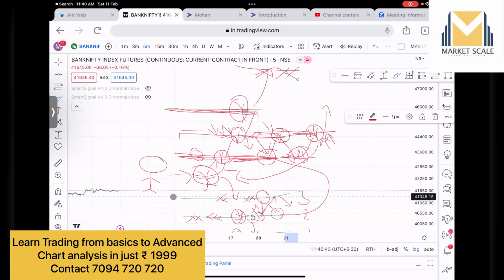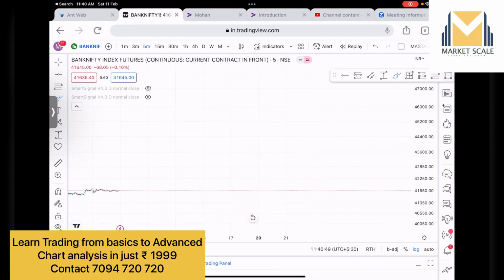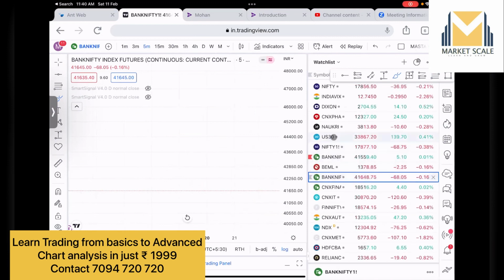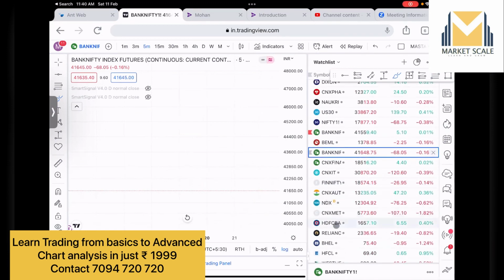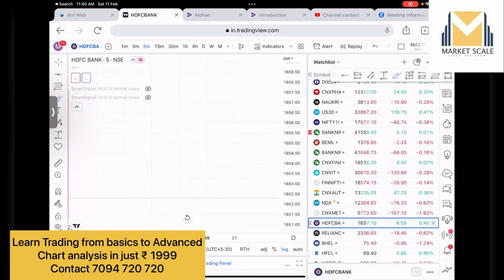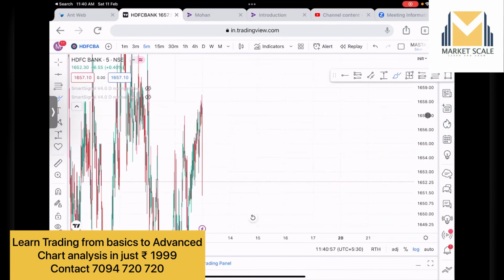Right. Wait, let me show you in the chart, right? Then you can easily identify the thing I'm trying to say. The charts are so important because this is very important.